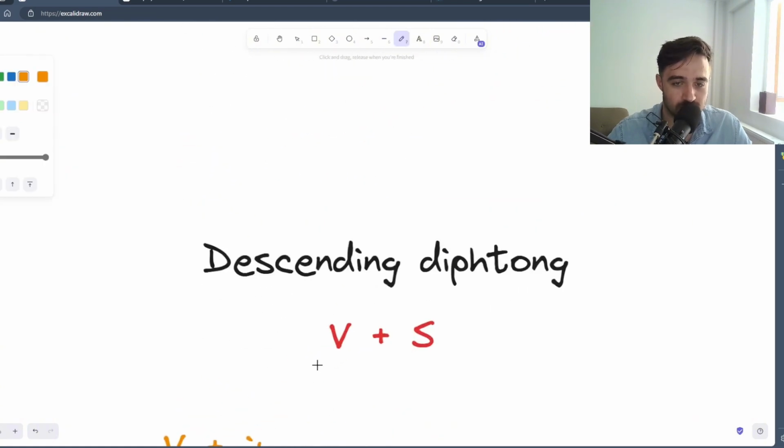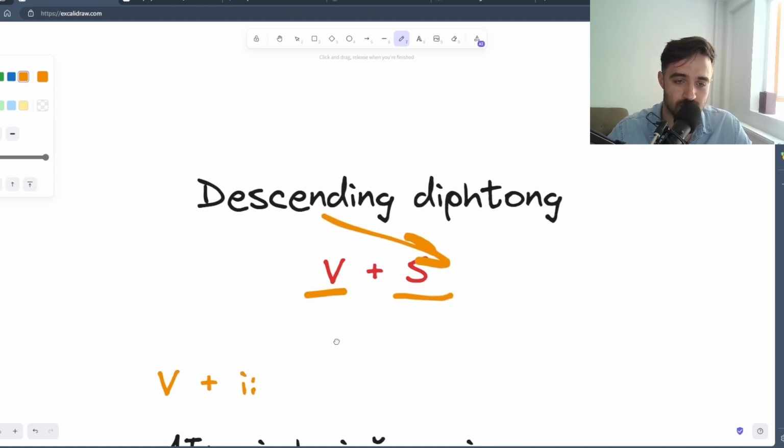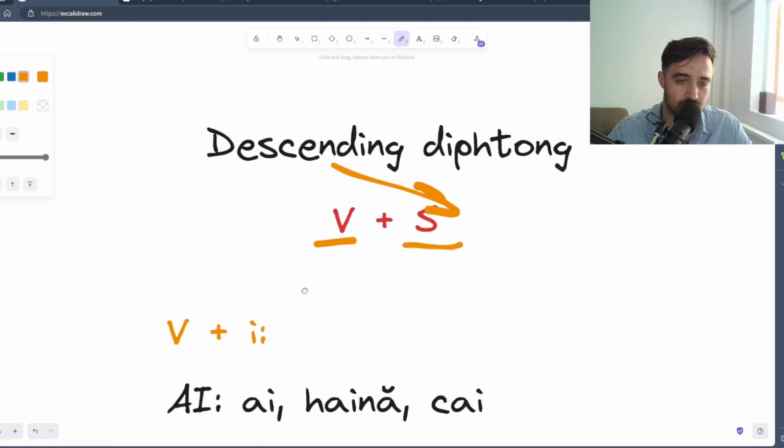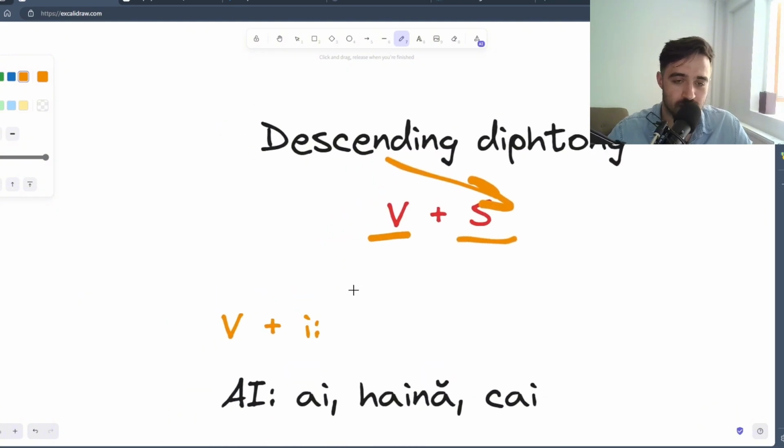This time we get a vowel first and the semivowel second, so the sound will go down on the semivowel, and it will be stronger on the vowel. So here you get two groups, one that has a vowel and then an I. The first group we're going to talk about starts with ai, which has one word, ai, then haine and kai.